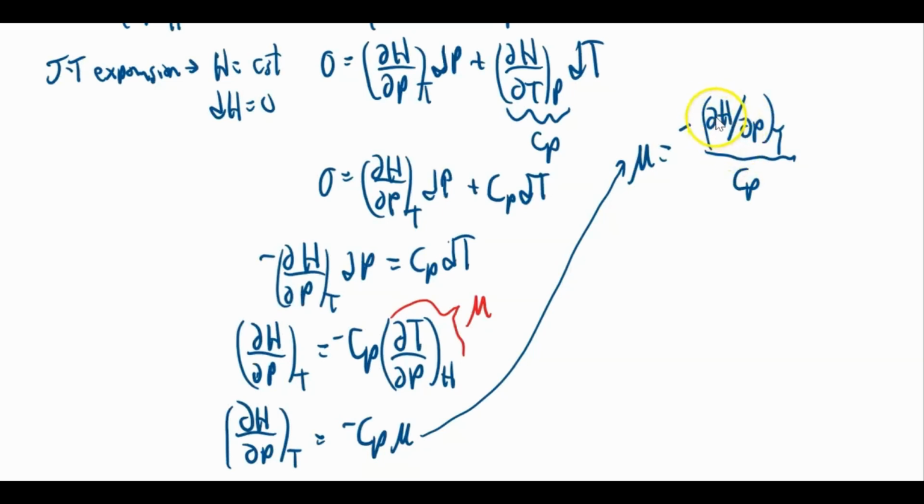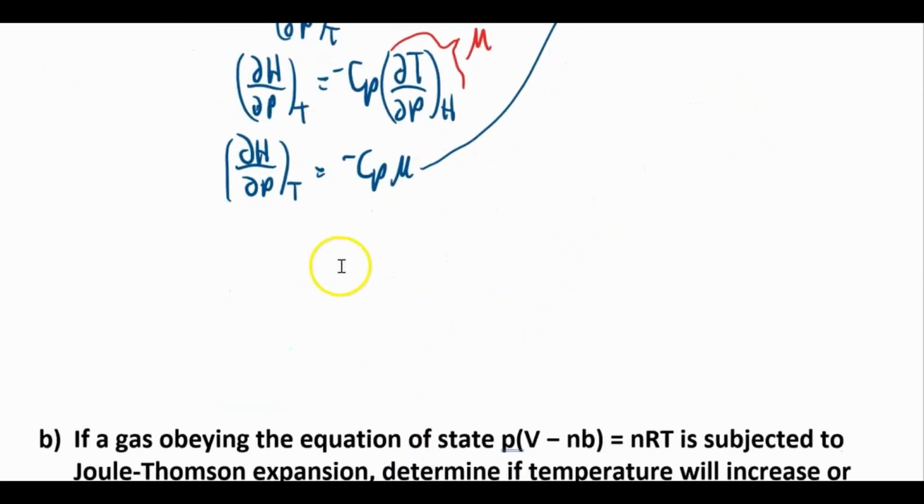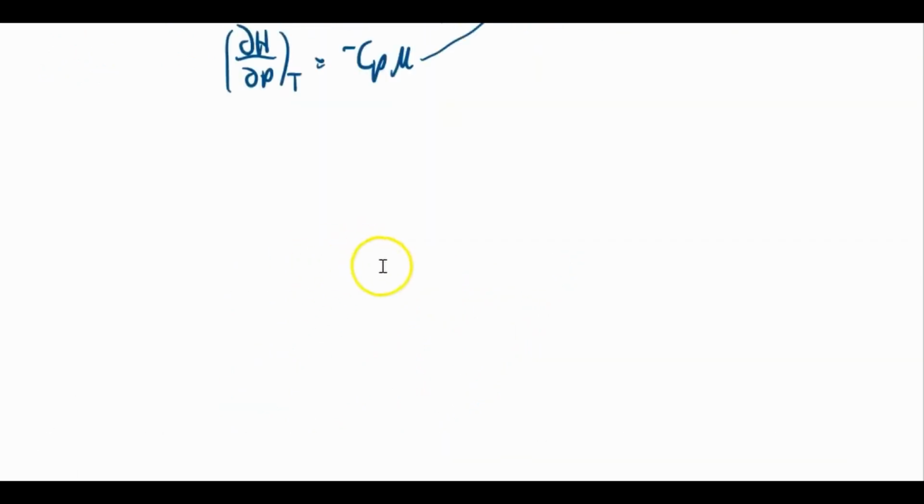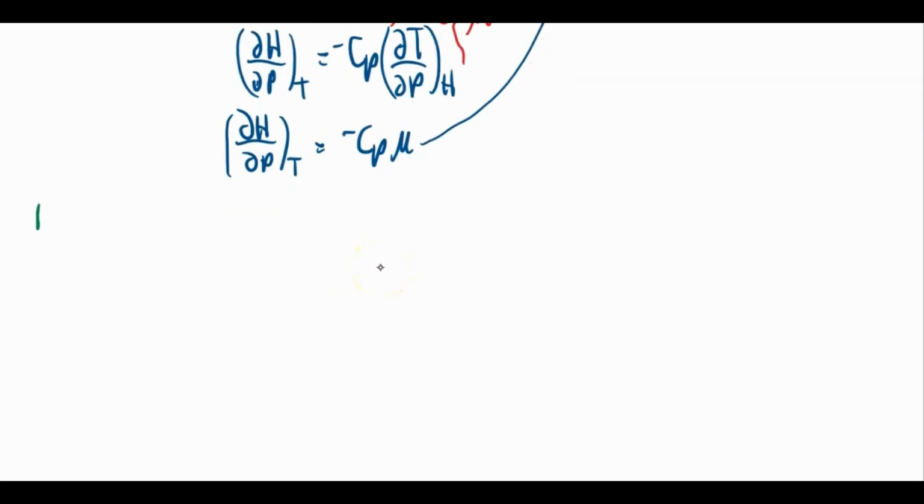We're going to look at one of the fundamental equations, enthalpy in terms of entropy and pressure. So dH is T dS plus V dP.